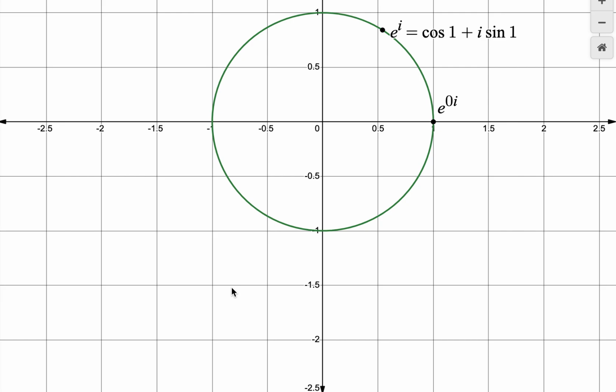Now what if I make the value of the angle something else? If I'm making the value of this angle as 2, where will it go? It has to be cos of 2 and sine of 2. And it is now showing as e raised to 2i. The value of e raised to 2i is the same as the value that I would get with cos 2 and sine 2.